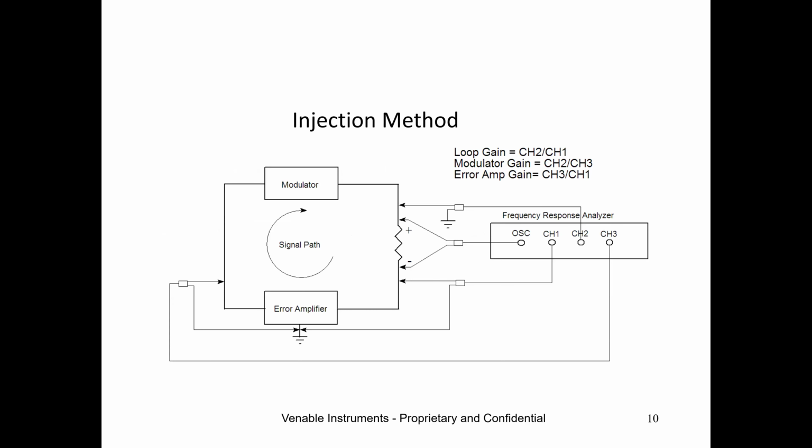So, and I've sort of talked about this earlier. Once you've got the correct injection point, and in this case, we have a 3-channel analyzer. So besides putting channel 1 and channel 2 on either side of the injection point to measure the loop, you could put another channel on the output of the error amplifier, and that allows you to do one sweep and measure all the transfer functions in your feedback loop, like loop gain, modulator gain, and of course the error amplifier gain.